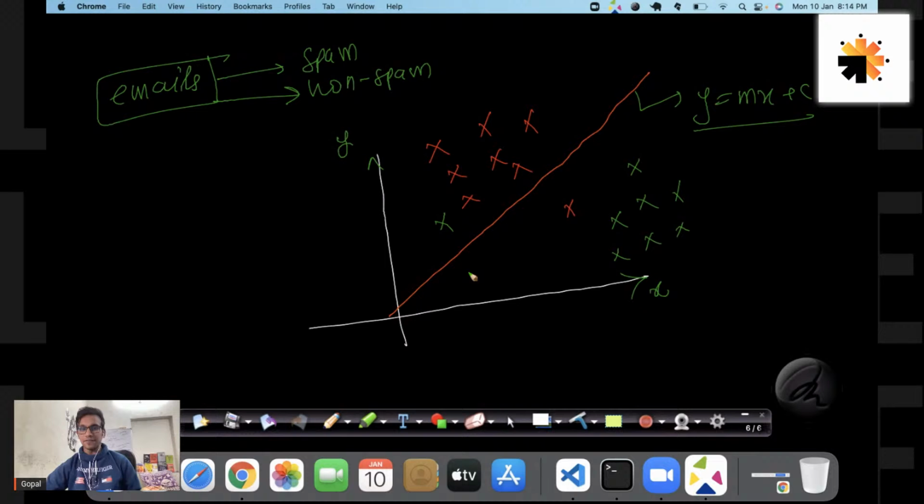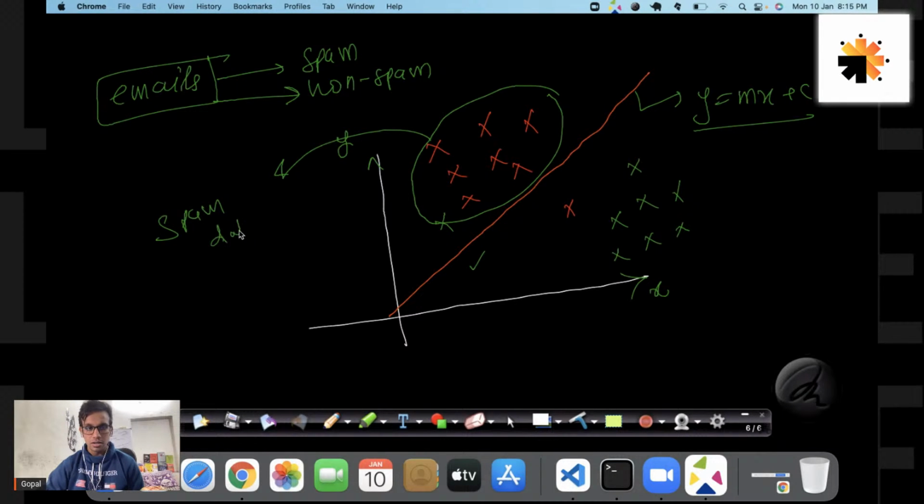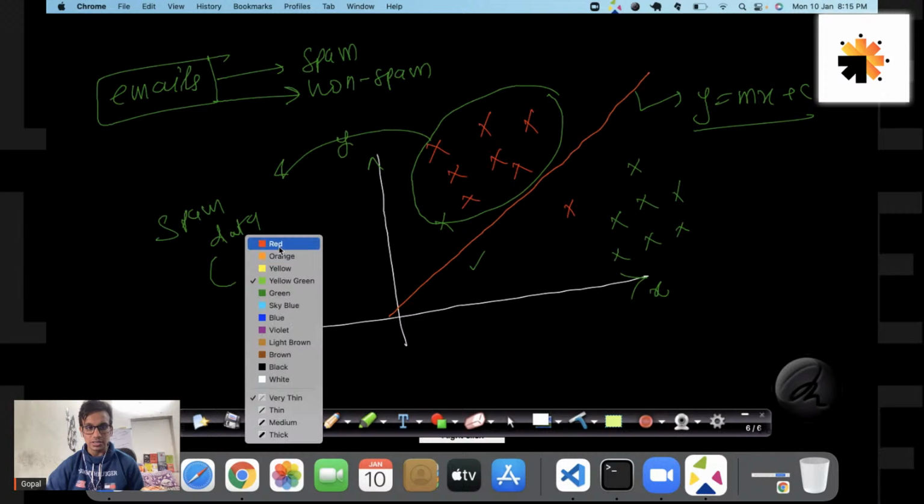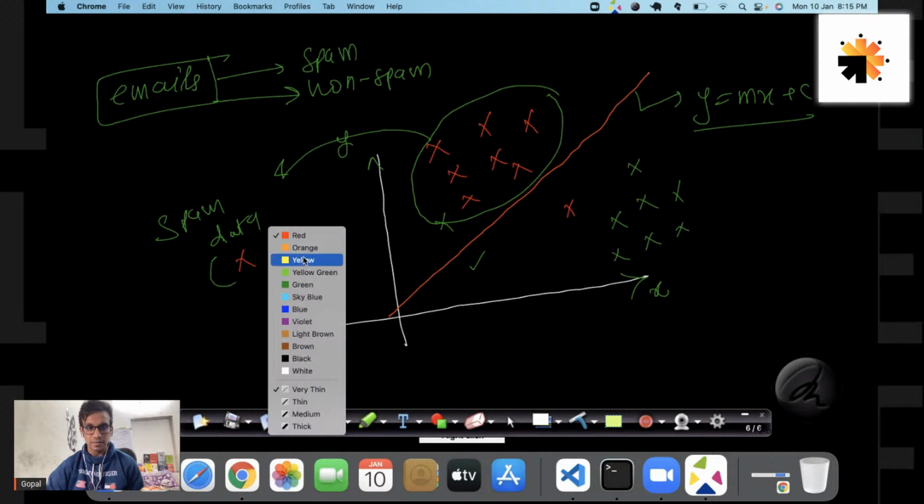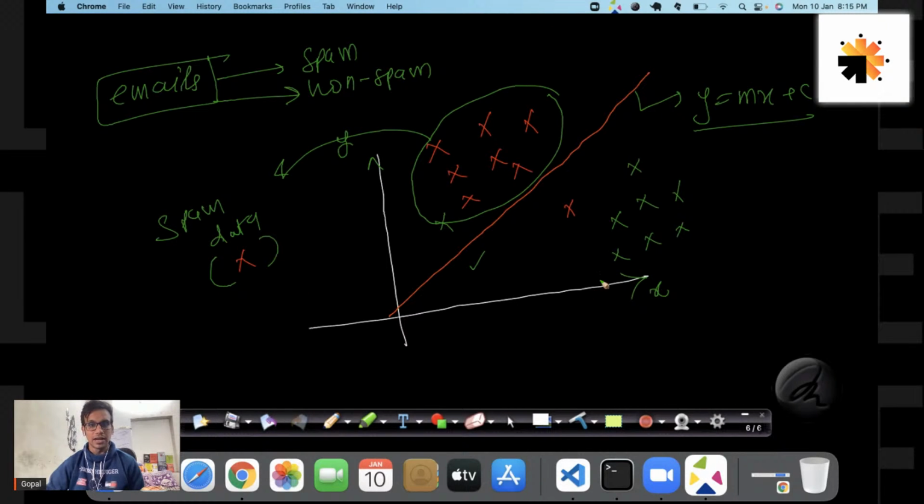This data is your spam data, your red points, and this one is your non-spam, the green ones. So if we actually come up with this line, the problem will be solved.